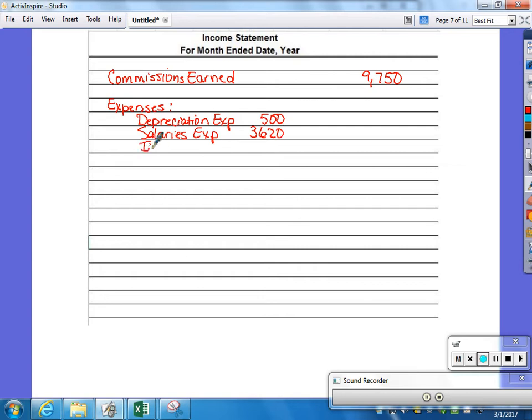Insurance expense, 233. Rent expense, 1,800. Office supplies expense, 400. Repairs expense, 350. Telephone expense, 750.